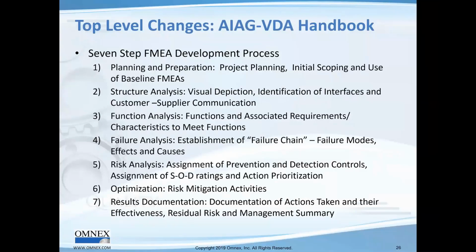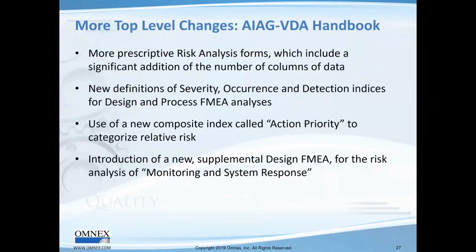And of course, you could say this is one of the big changes between the 4th edition and the AIAG VDA FMEA, this idea of the 7 steps. Let's go a little bit more. The form is more prescriptive, a significant number of additional columns to fill out, especially when you get to the recommended actions or the optimization steps.